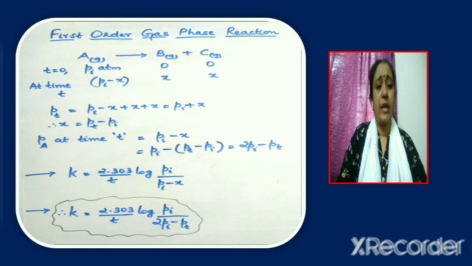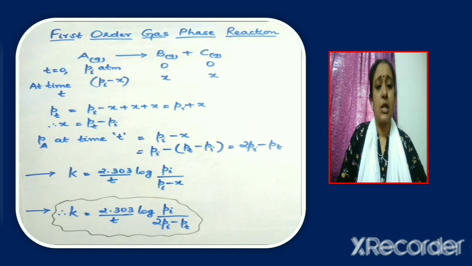How can we express the rate constant K for a first order gas phase reaction where all the reactants and the products are in the gaseous state? Now consider the equation A giving B plus C. Here the reactant A is in the gaseous state and the products B and C are also in the gaseous state.